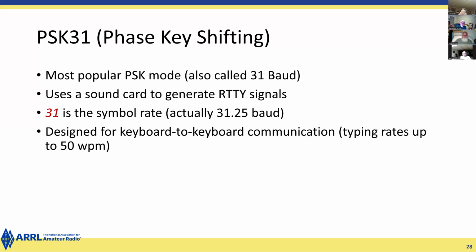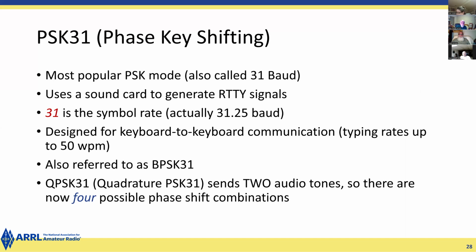You can type up to about 50 words per minute, and PSK 31 will keep up. It's also called BPSK 31 for binary PSK 31. There's also a mode called QPSK 31 for quadrature PSK 31, which sends 2 audio tones. So there are 4 possible phase shift combinations, 0 and 180 degrees on each of 2 audio carriers. And obviously you can go twice as fast.